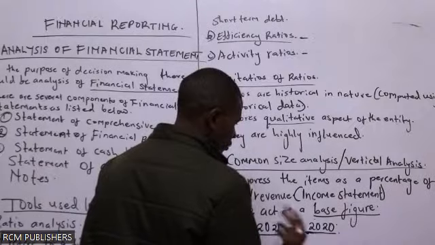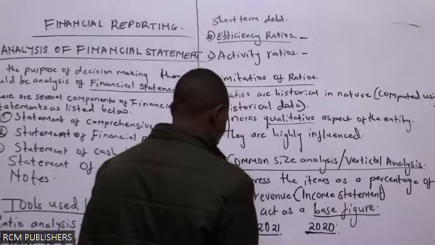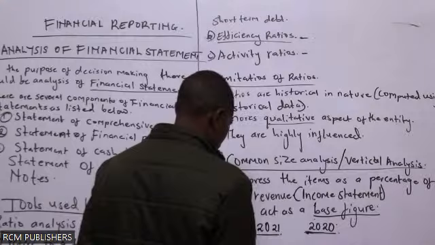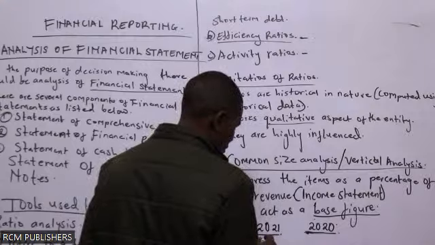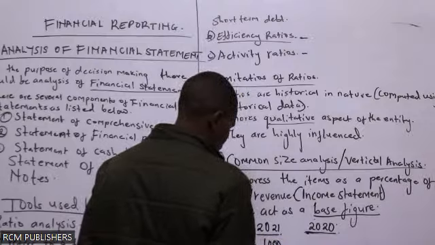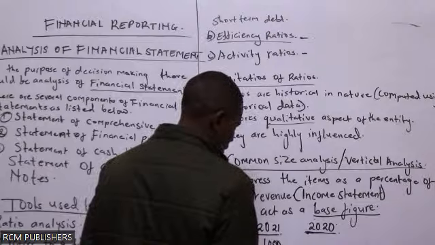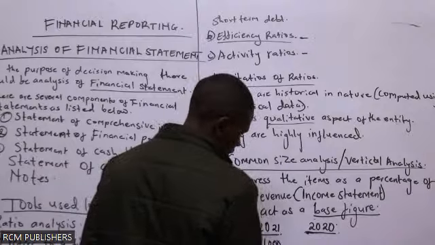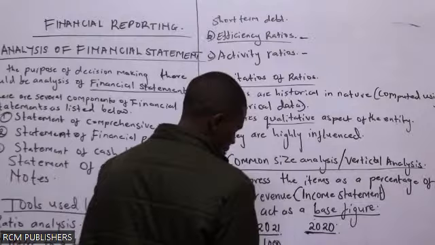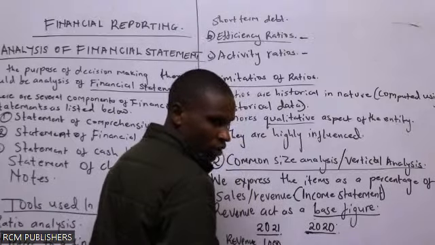I can as well use one year, no problem. So revenue or sale. Remember, if it says revenue or sale, it is the same. Here we had 1000. Cost of sale I had 500. Now here I will have my gross profit.